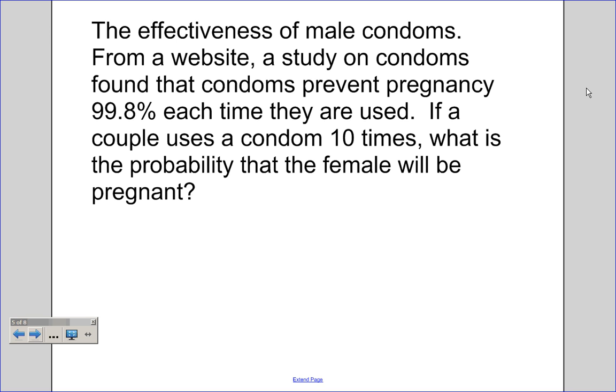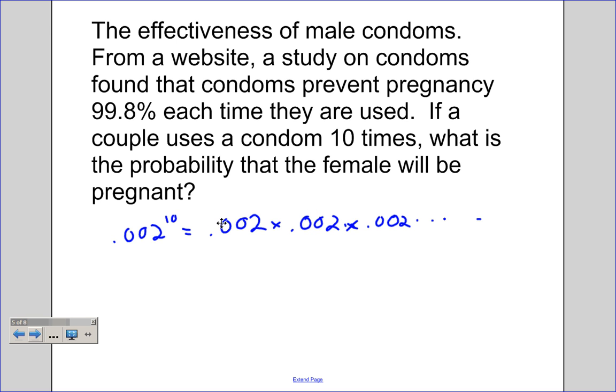Now, if I wanted to find the probability that she gets pregnant every single time, I would take 0.002 times 0.002 and so on, 10 times, which is going to be 0.002 to the 10th power. Now this is the probability that she gets pregnant every single time the couple uses the condoms.